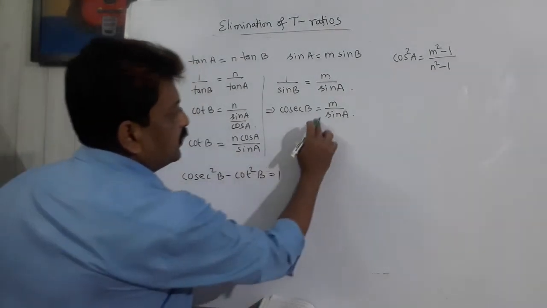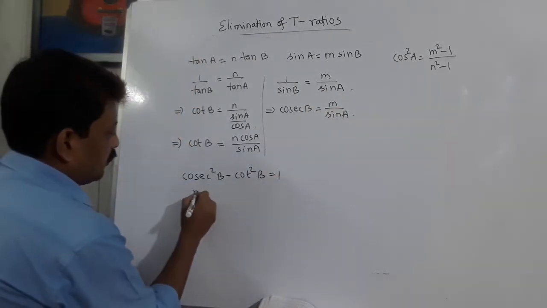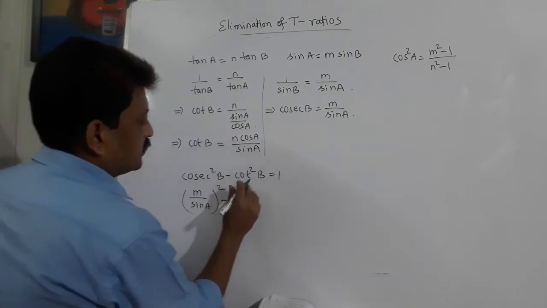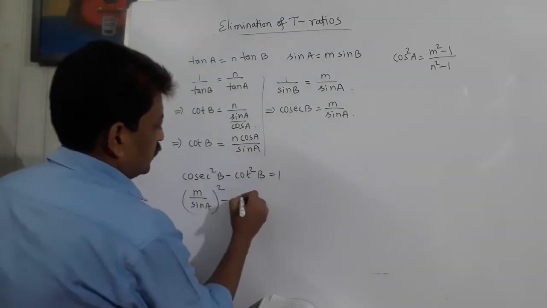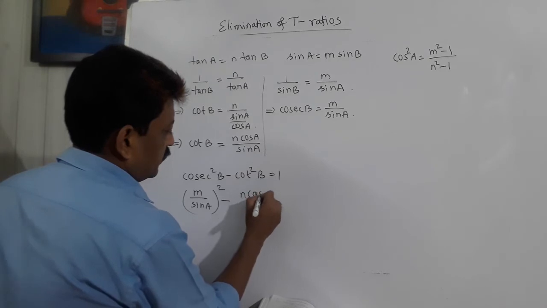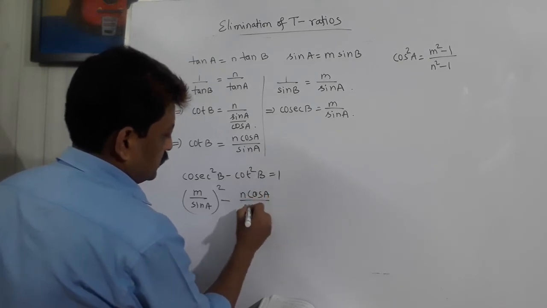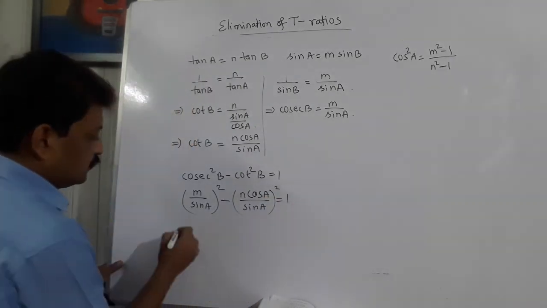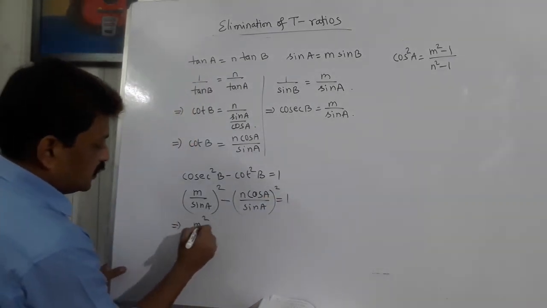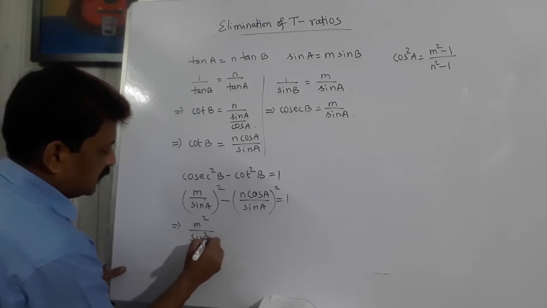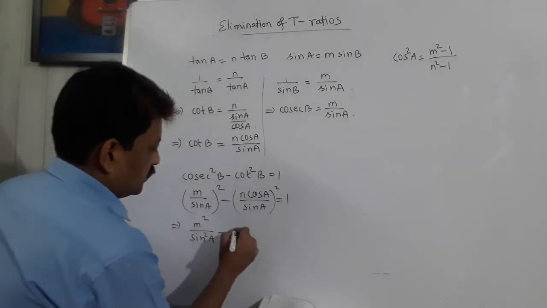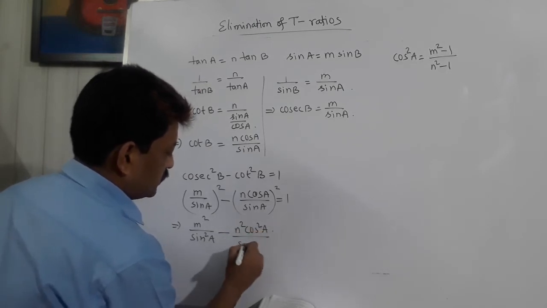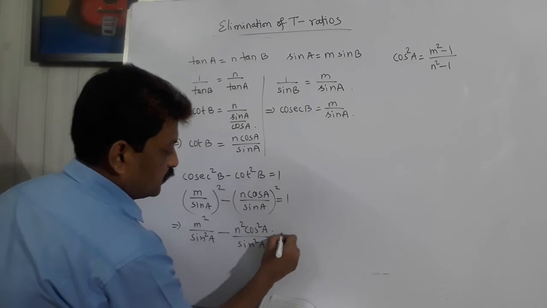In place of cosec square B I can write m upon sin A whole square, minus, in place of cot square B I can write n cos A upon sin A whole square, that is equal to 1, which implies m square upon sin square A minus n square cos square A upon sin square A equals 1.